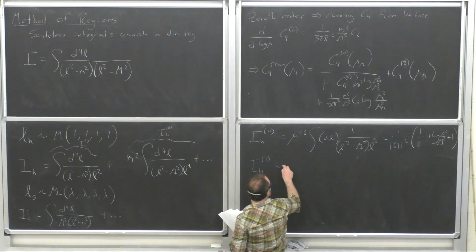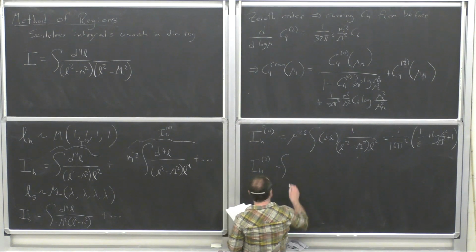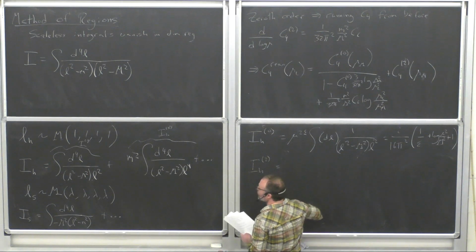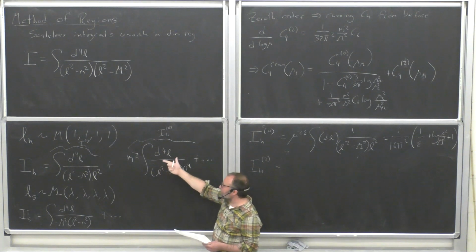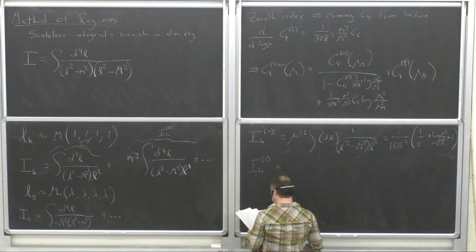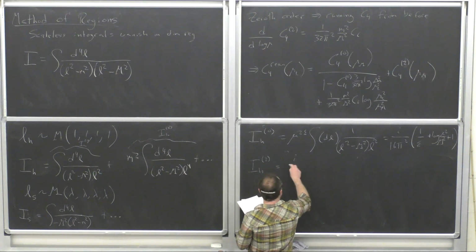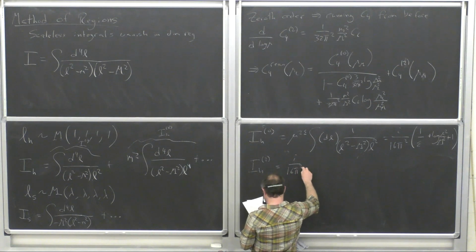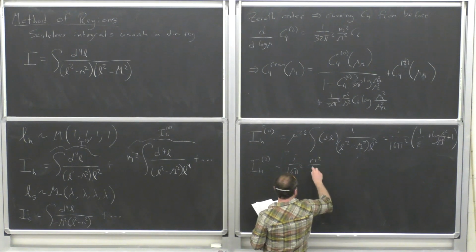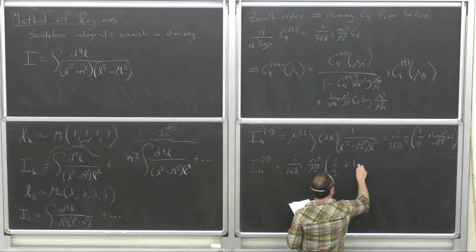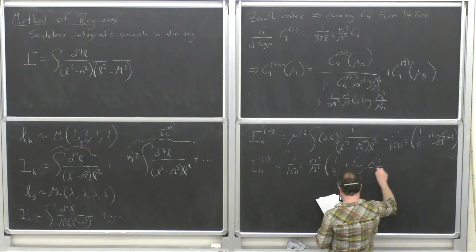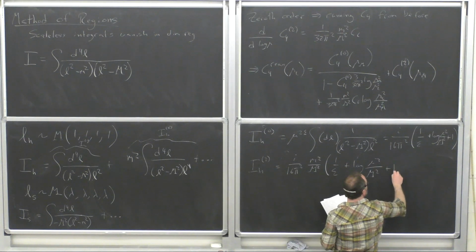I_H2 is, I'm not going to rewrite it. It's just this integral in d dimensions, put the mu to the 2 epsilon in front, and you get i over 16 pi squared, M squared over capital M squared, 1 over epsilon plus log mu squared over M squared plus 1.